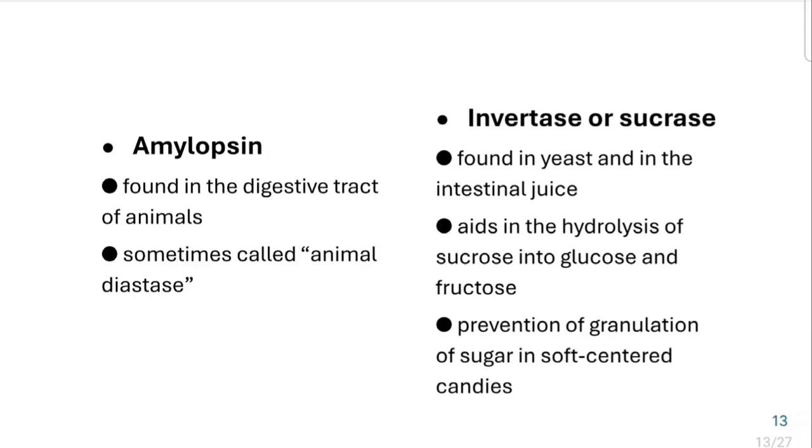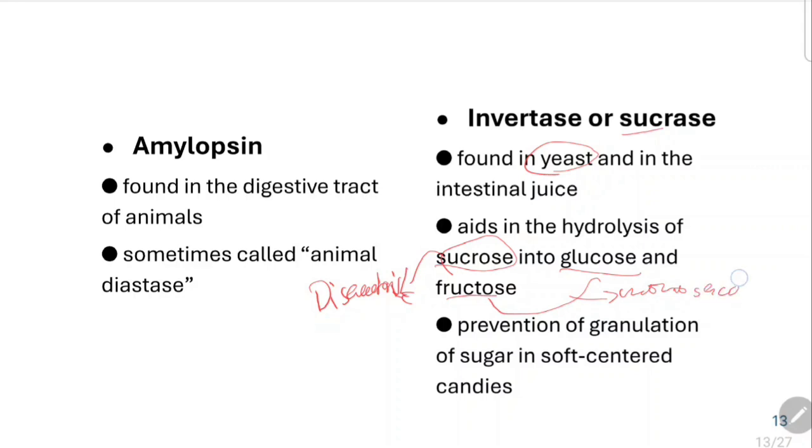In the name itself, sucrase, it degrades your sucrose. It is found in the yeast and in the intestinal juices. So it aids in the hydrolysis of your sucrose into glucose and fructose. Your sucrose is an example of a disaccharide, and your glucose and fructose are examples of monosaccharides.